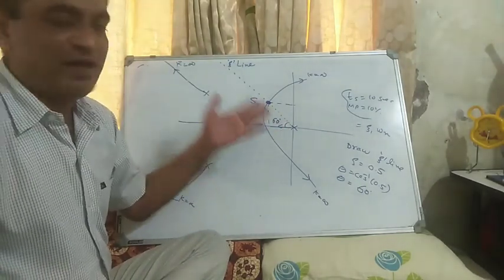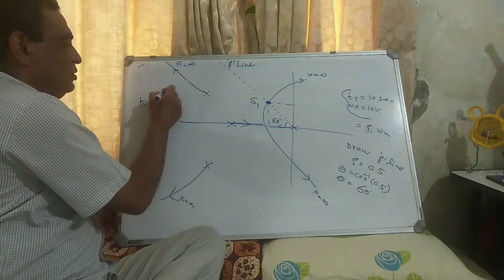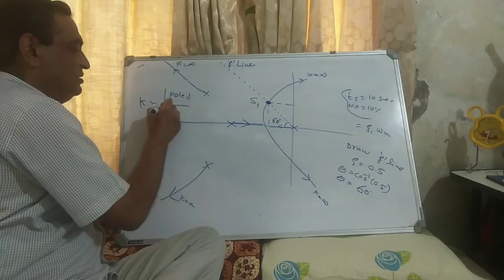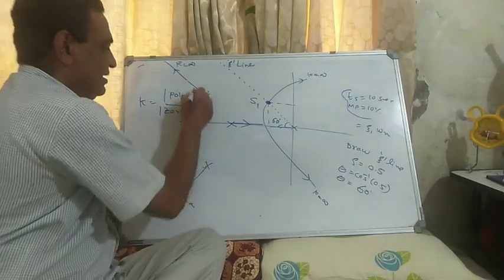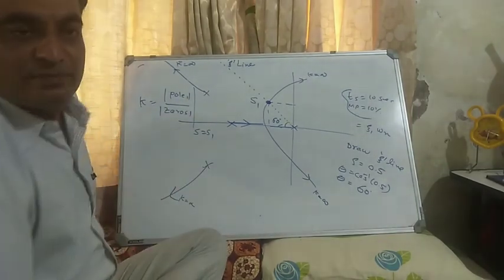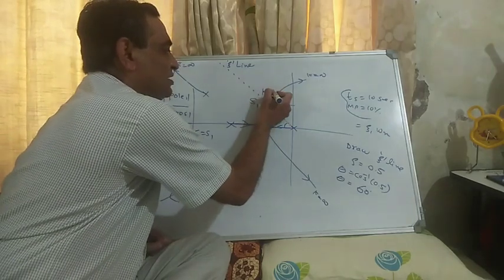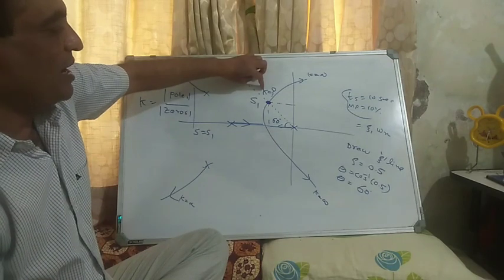You can find this via that formula, that K is equal to the product of distances from poles upon the product of distances from zeros. That is the last rule, at s equal to S1. So you get a K.